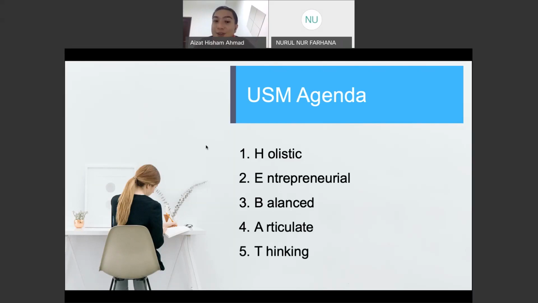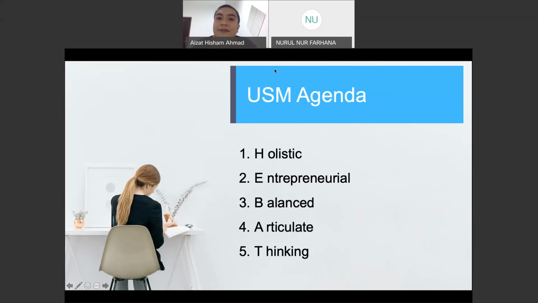Now, of course, finally, even within the Hebat agenda, the thinking value is one of the things that needs to be instilled in the students. So Hebat itself, holistic, entrepreneurial, balanced, articulate, thinking, has covered what design thinking is required.